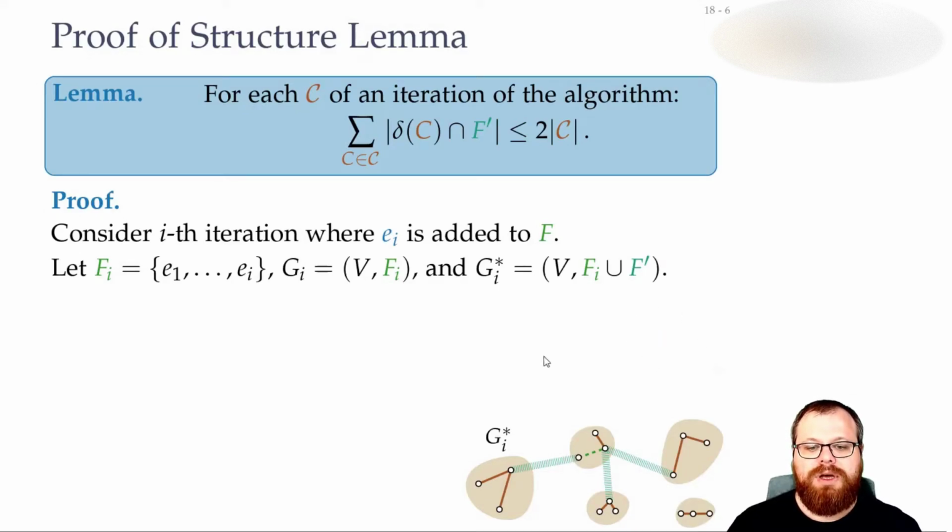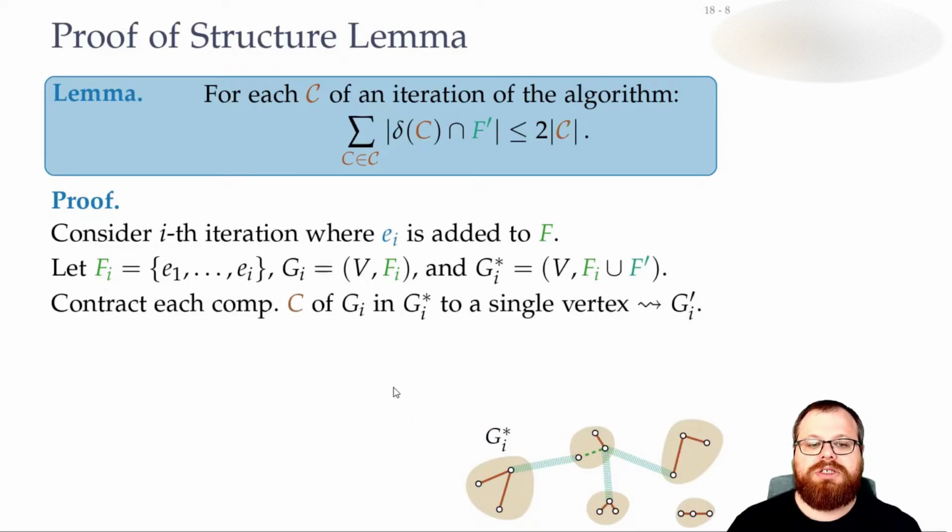Now what we want to do is take this graph here and contract all the components of G_i, so all the brown components here, to a single vertex. This gives us a graph G_i' that looks like this. I have this vertex that corresponds to this brown component, this vertex that corresponds to this, and so on. We have an edge between each pair of vertices if there's an edge between their corresponding components in G_i star.